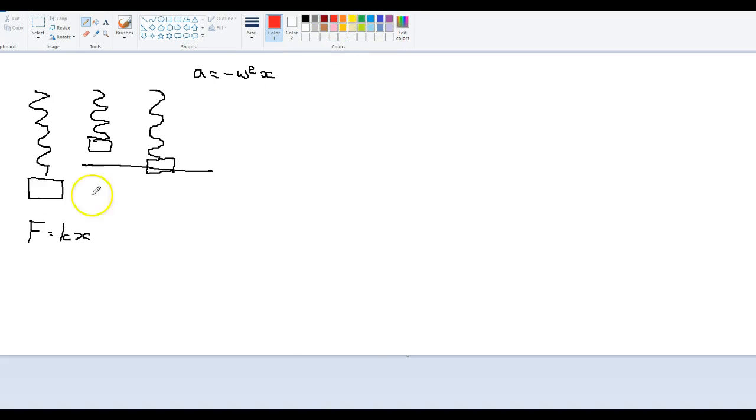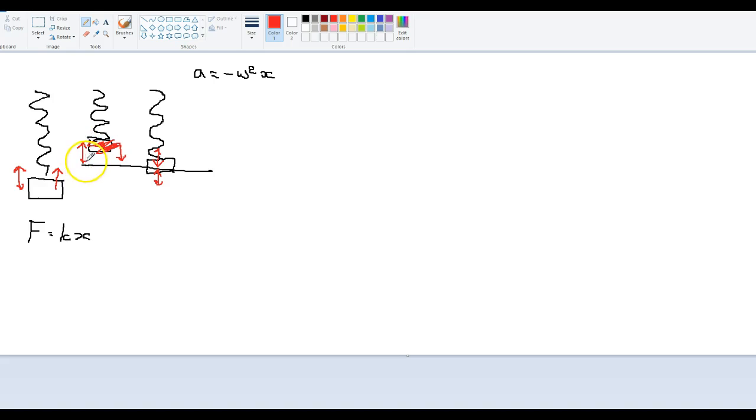Just change colors. We have our amplitude here and the amplitude here. When we're at this position up here, the force is actually pulling downwards, but in the opposite direction to the displacement. Down here, it's pulling upwards. So we've actually defined the displacement as being this distance here in Hooke's law.